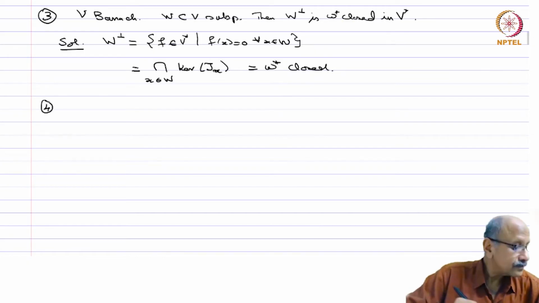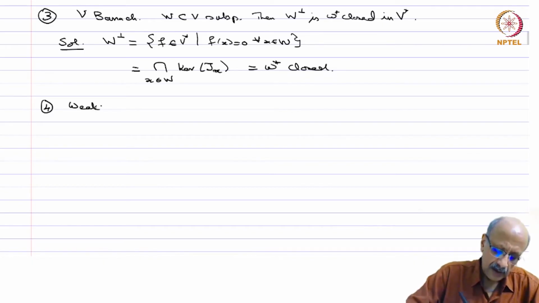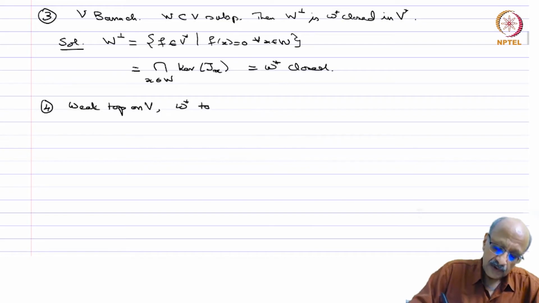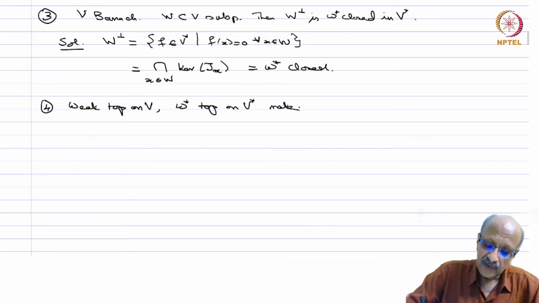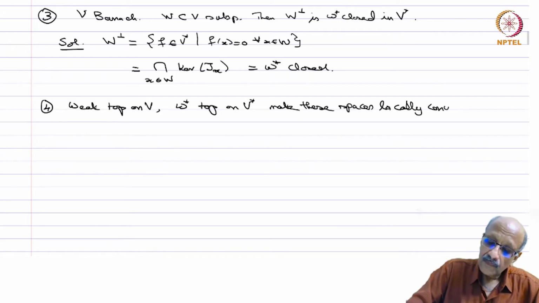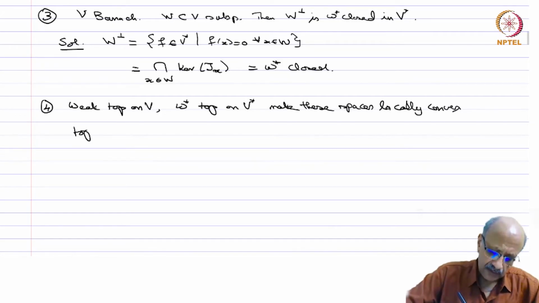4. The weak topology on V and the weak star topology on V star make these spaces locally convex topological vector spaces.